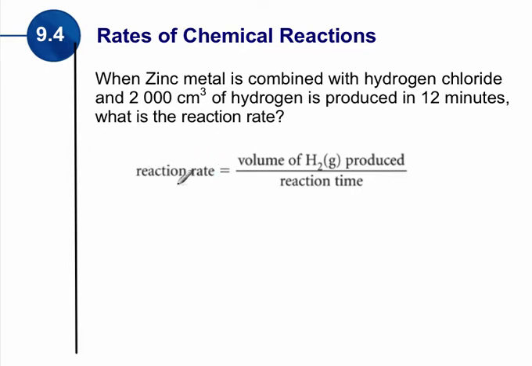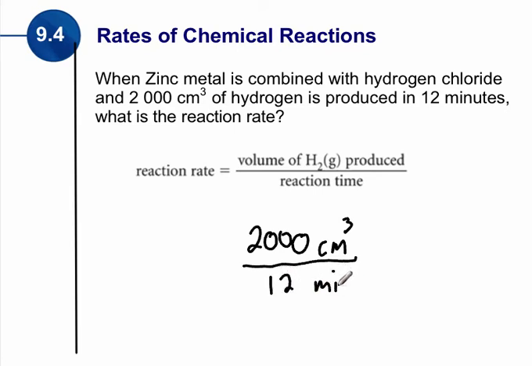And then it's just a matter of using what we have. In this situation, we have 2,000 cubic centimeters of gas, and we're dividing it by our time of 12 minutes. And then we can find our reaction rate, and we can find that reaction rate in terms of minutes or seconds.